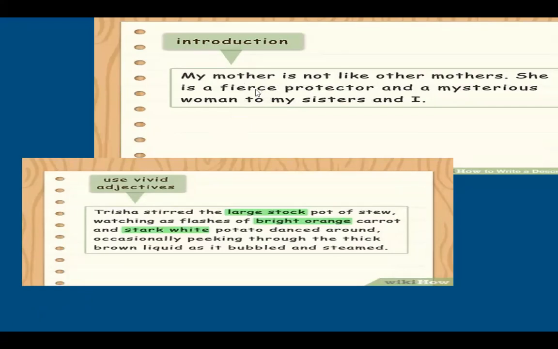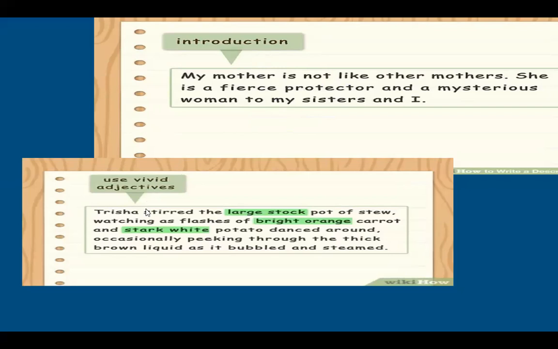That means very strong and strong-headed, thick-skinned, and a mysterious woman. Now, whenever you use the word mysterious, an adjective, your readers start thinking, oh, there must be something hidden or secretive about this woman. So this is the way the daughter or the son describes his or her mother.